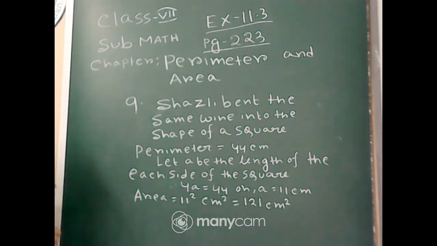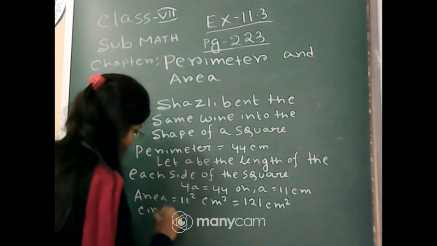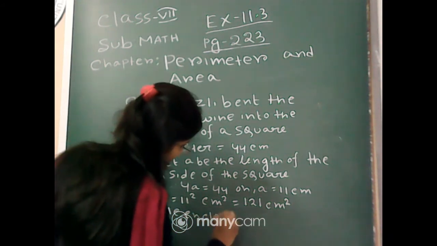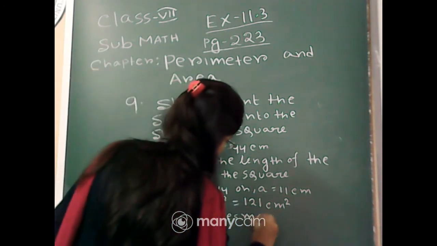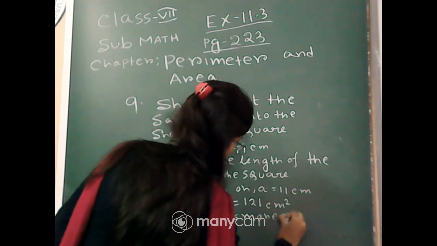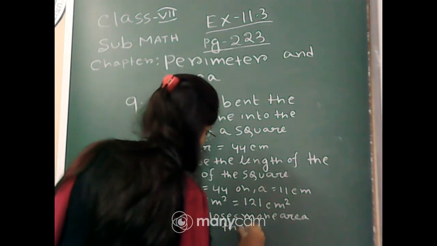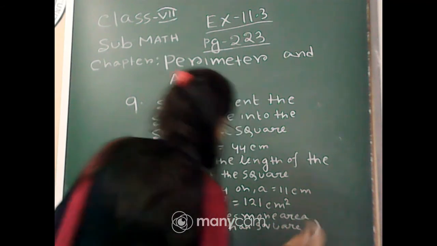Since the area of the circle is 154 square cm and area of the square is 121 square cm, therefore, circle encloses more area than square. Clear?